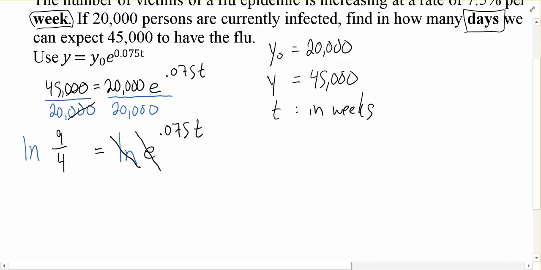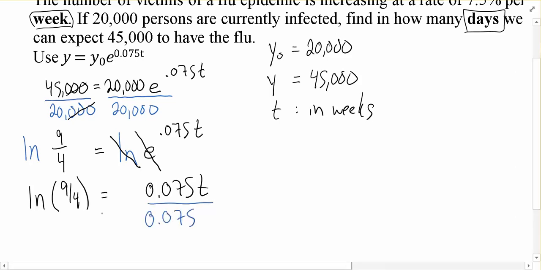So the natural log undoes e to a power, and that gives us the natural log of 9/4 equals 0.075t. So to get the t by itself, we just need to divide both sides by 0.075.